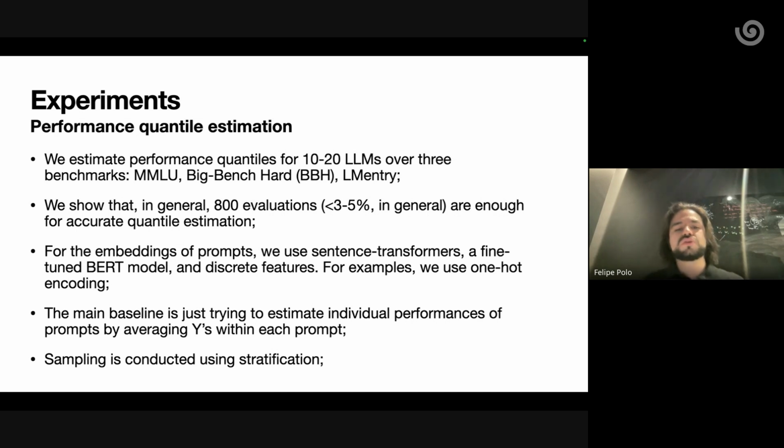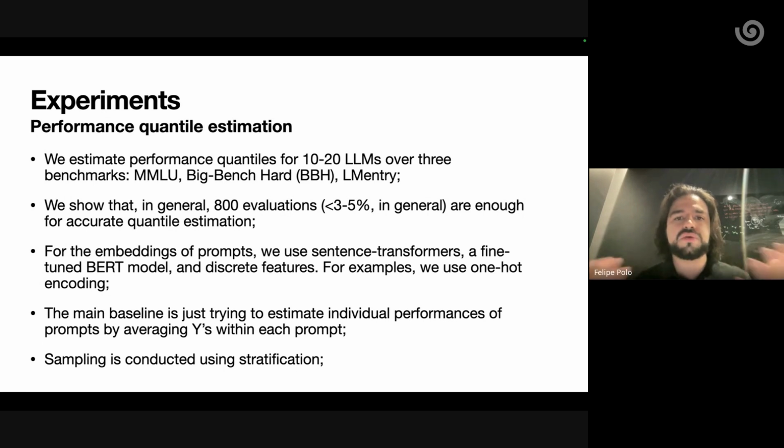We also use some discrete features for prompt templates. These discrete features are things like whether some templates have commas or semicolons, or whether the letters are capitalized or not, these kinds of features that can help. For questions, we just use one-hot encodings because in our paper we couldn't get more meaningful features for encoding questions.